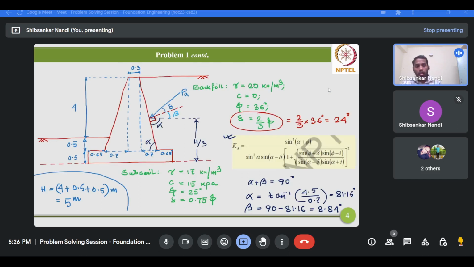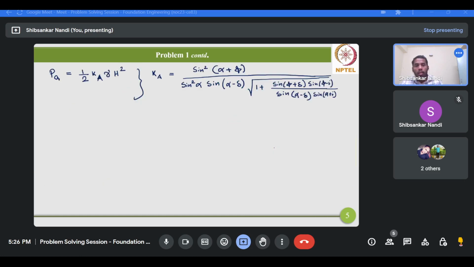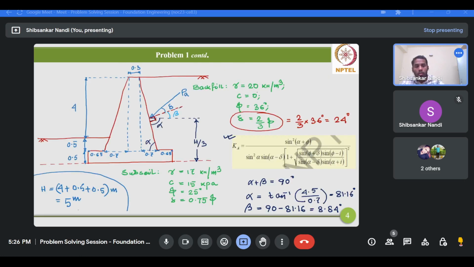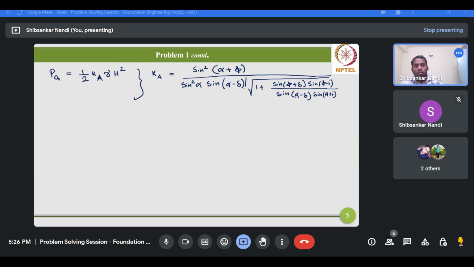I have taken this from the lecture material itself. There will be 1 whole square, so you have to consider this as well, otherwise you will get an incorrect answer.